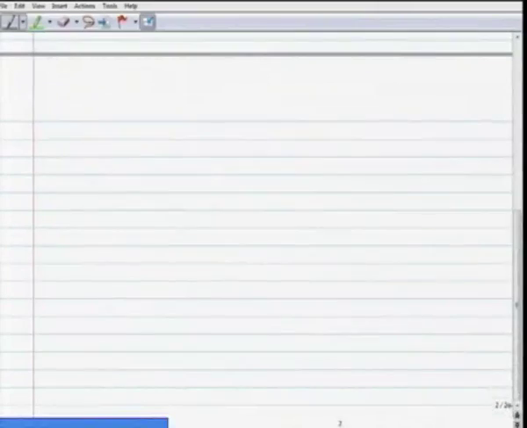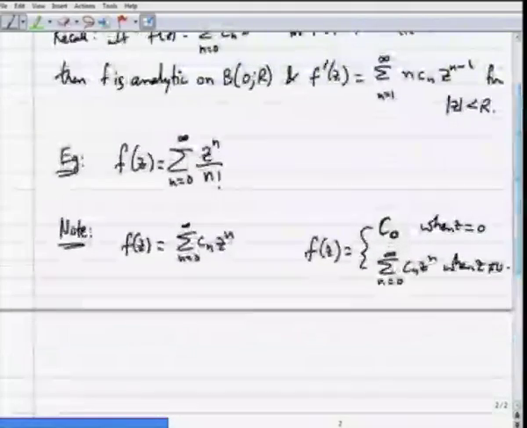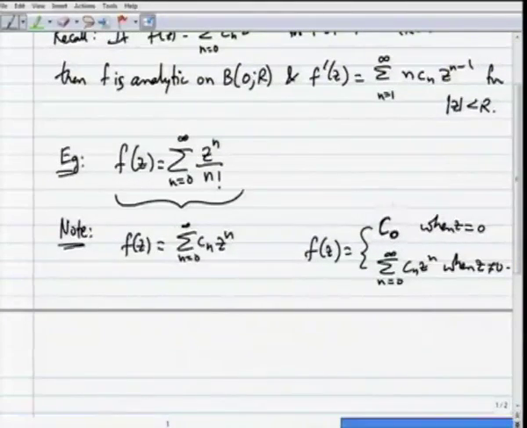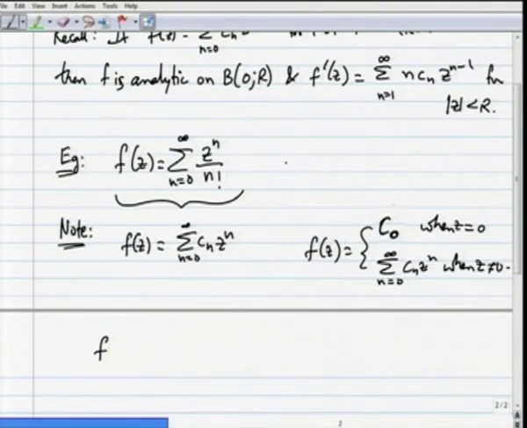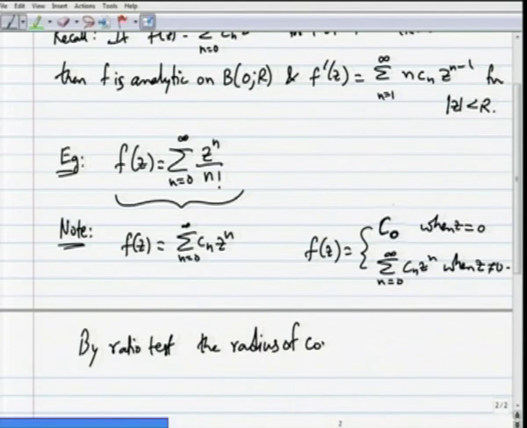So, there is that split form, and having made that note, let us look at this series. Firstly, the radius of convergence of f, by a simple ratio test calculation, is infinity.